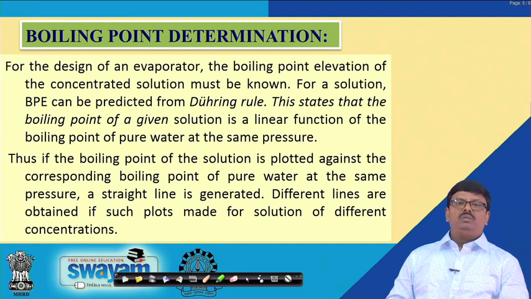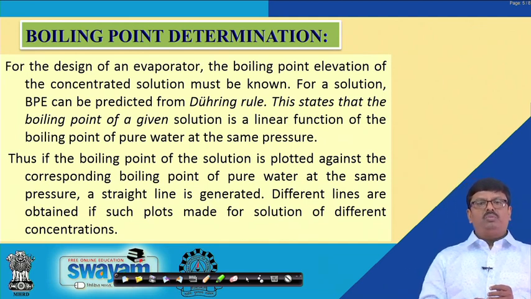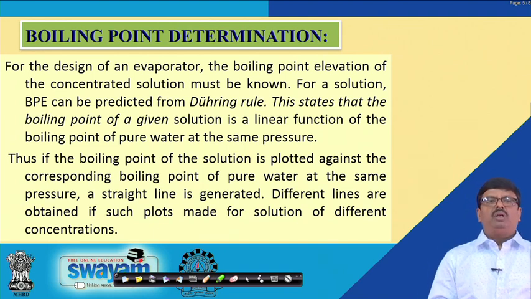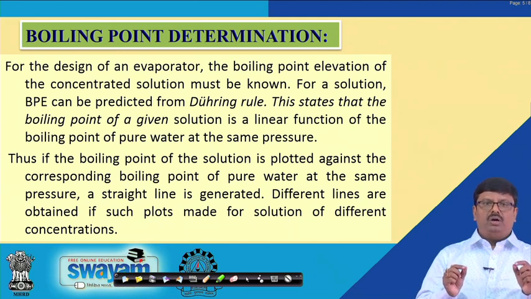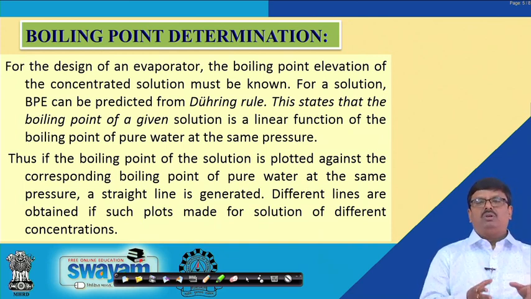Now, how to determine this? Basically the Duhring plot is used to predict the boiling point elevation for strong solutions, where it is observed that the boiling point of a given solution is a linear function of the boiling point of pure water at the same pressure. That means, at the same pressure, we consider the boiling point of pure water and the boiling point of the aqueous solution.